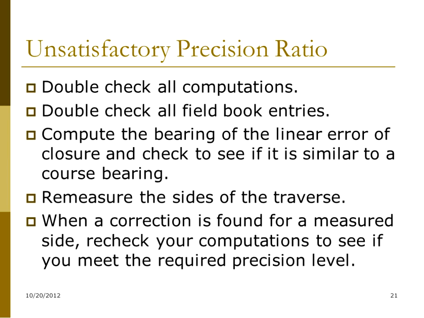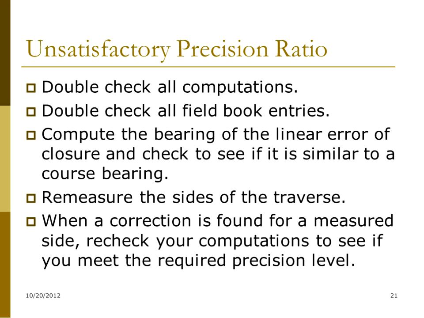Then you want to go ahead and compute the bearing of the linear error of closure and check to see if it's similar to a course bearing. If it is similar, very often that's the line or segment that you made an error on. And if you are going to go back out and remeasure, that's where you would start.